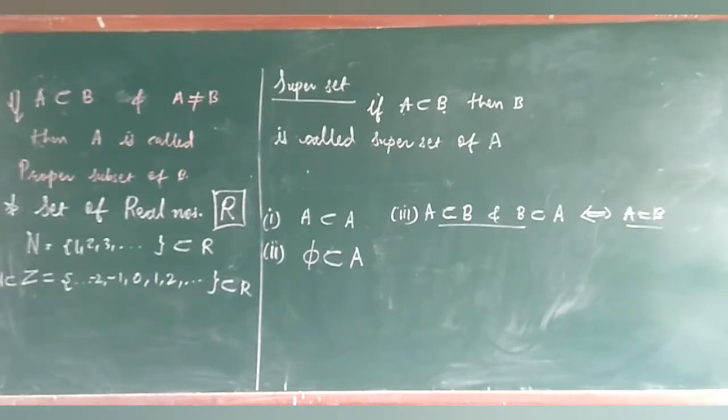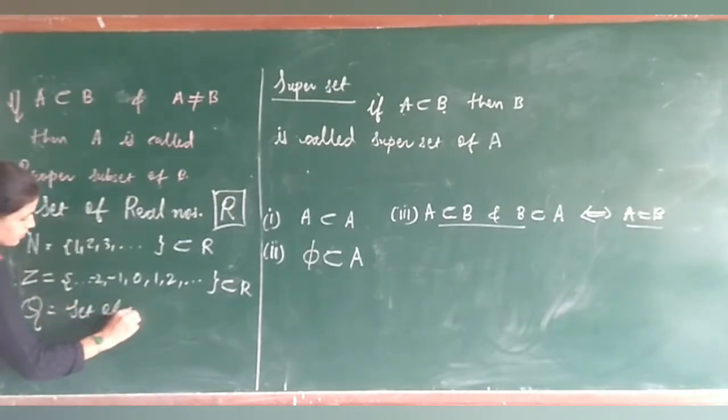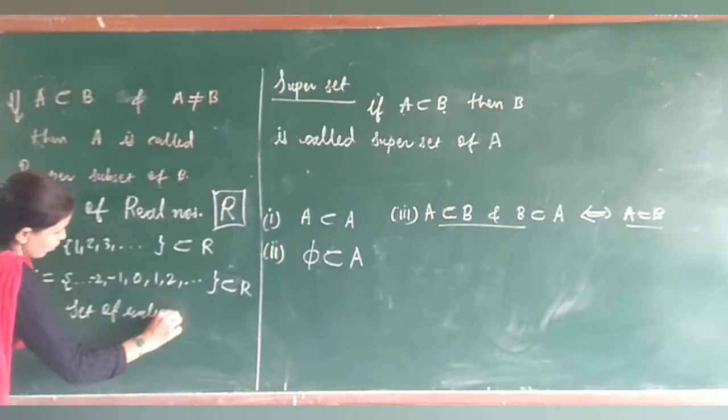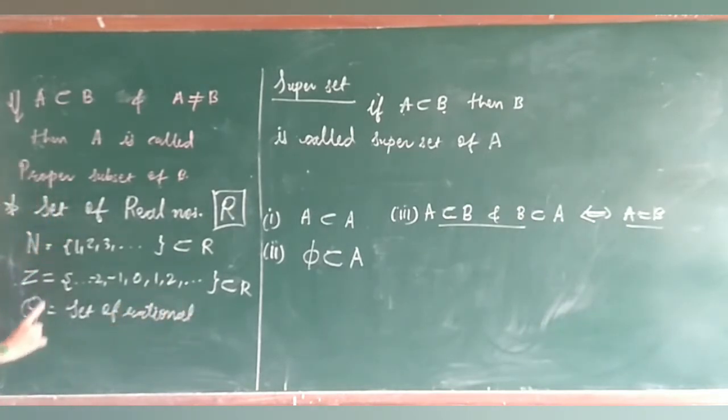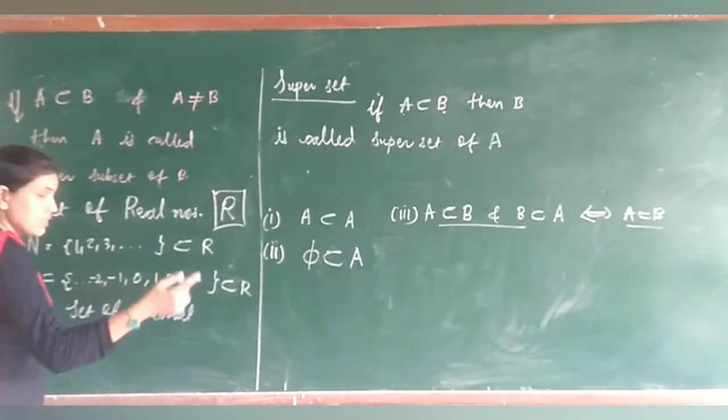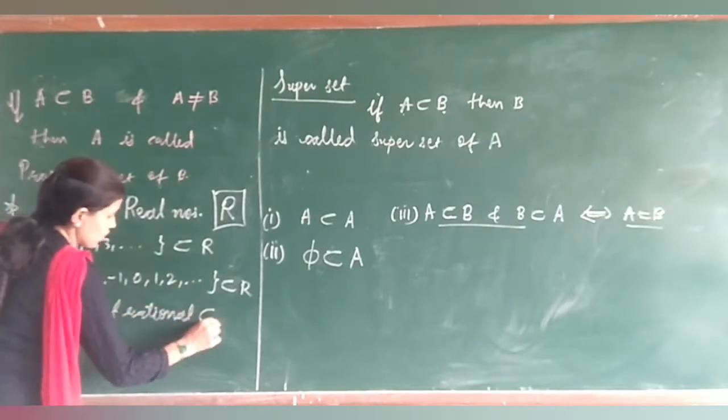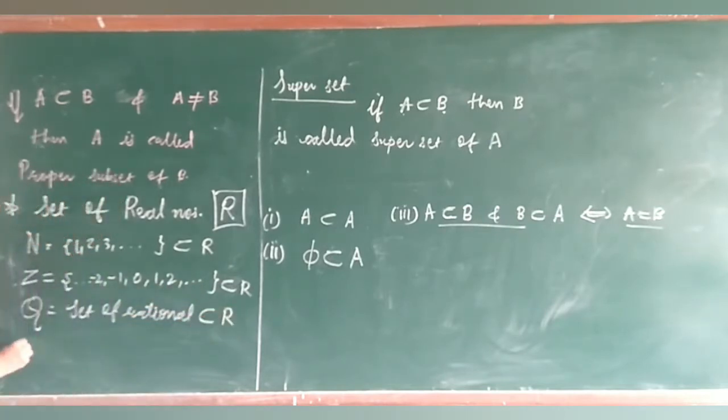Okay, Z is also a subset of R. Then I take Q. Q is the set of rational numbers. Then you all know that all the rational numbers are real numbers. So it is also a subset of R. Then I take the set I, or it is somewhere denoted by capital T, the set of irrational numbers.